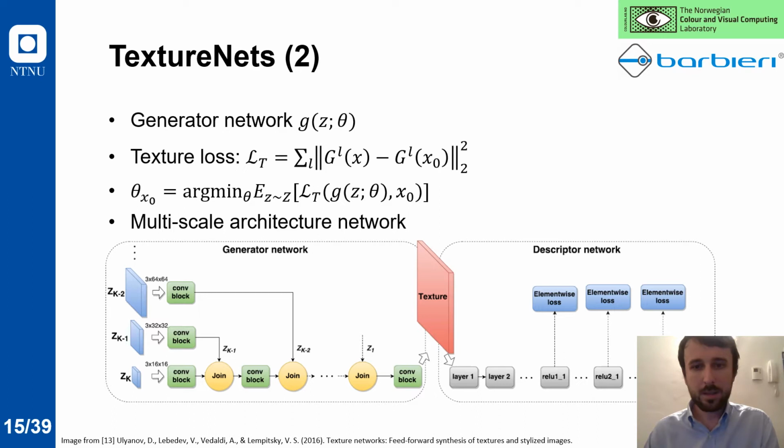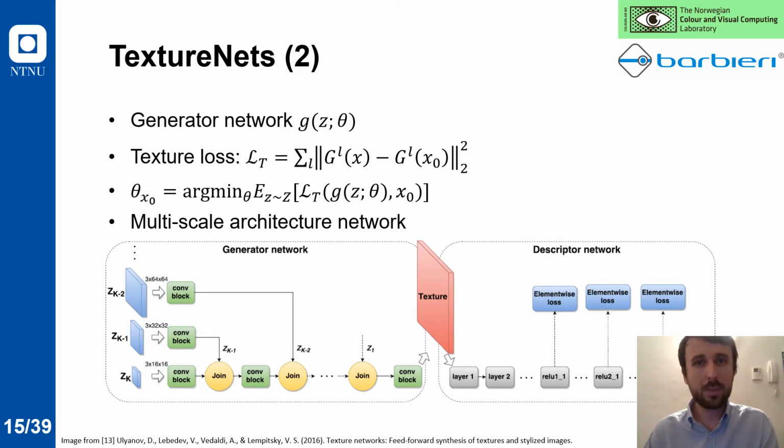Here you can see the structure of Texture Nets, that is Ulyanov's network. It is a multi-scale network. Essentially, it uses a generator, the network stage, that produces images from noise samples, and has a certain learned parametric theta.